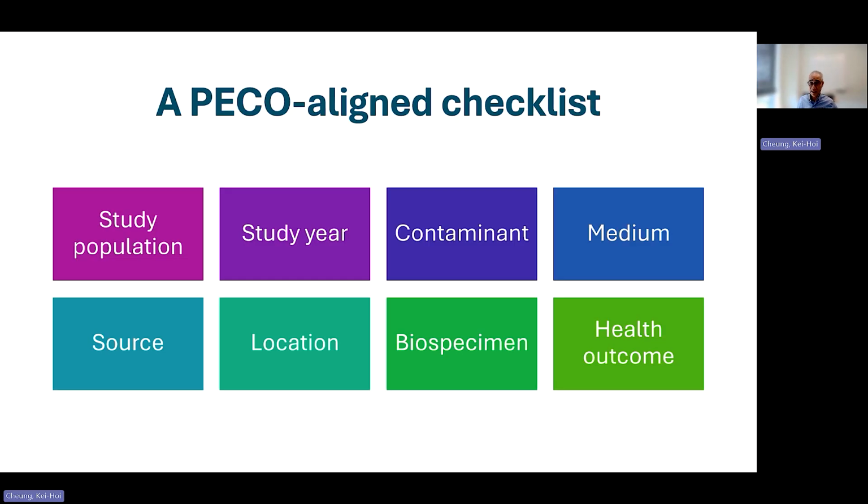Those are the 8 entity types that we use to guide our LLM to extract exposure-related metadata from titles and abstracts in this case. So this is where we start, at the title and abstract level, before we go into the full-length papers.